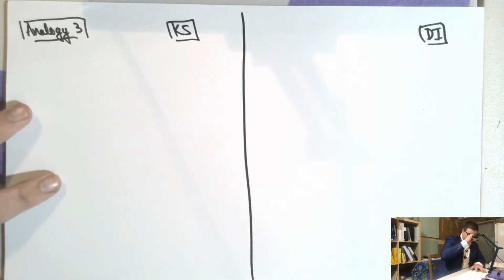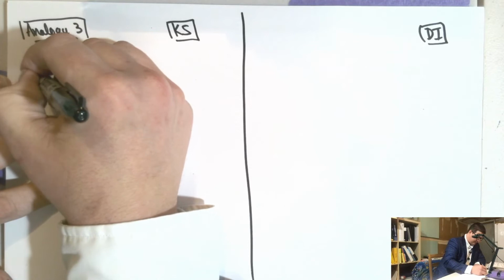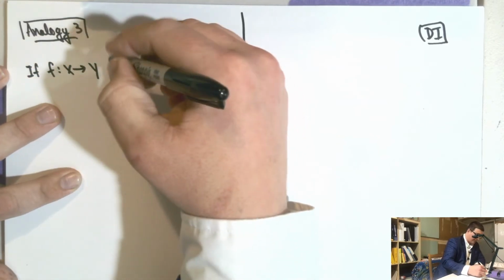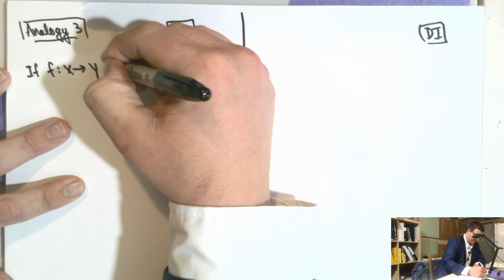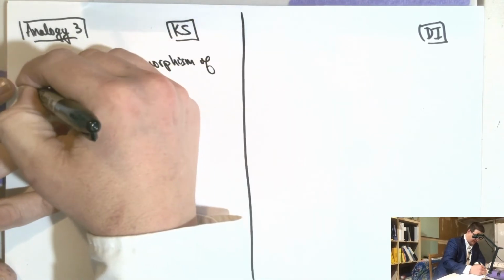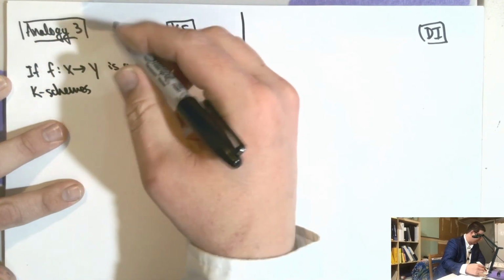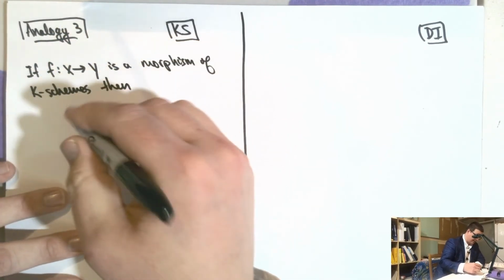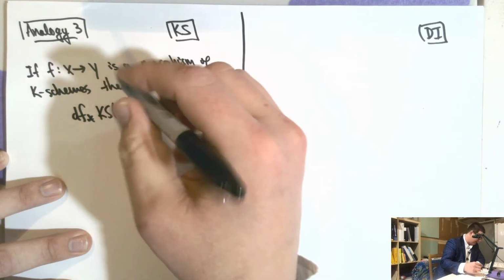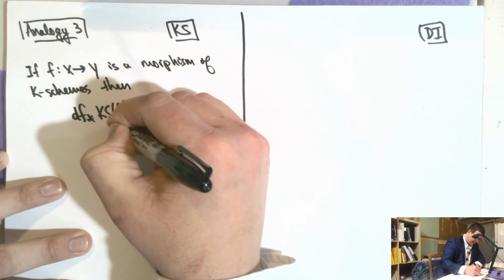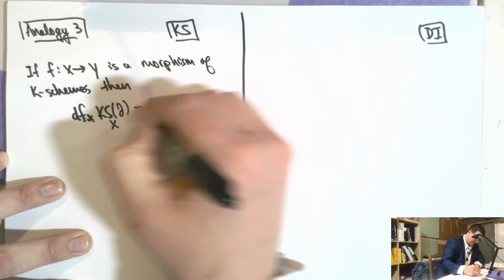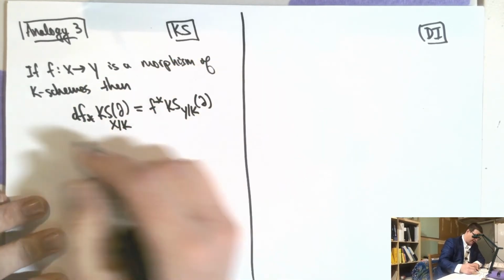So if f is a morphism of K schemes, then we have that, so here, this thing, so if we push forward and then we pull back, okay, so we have this compatibility condition.